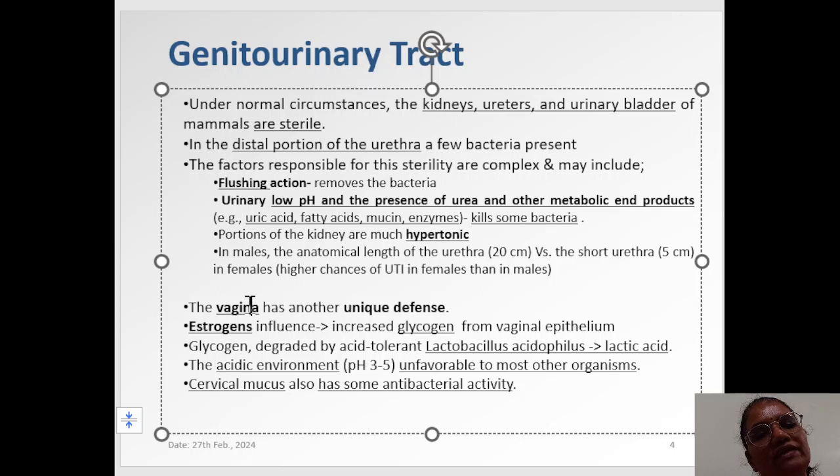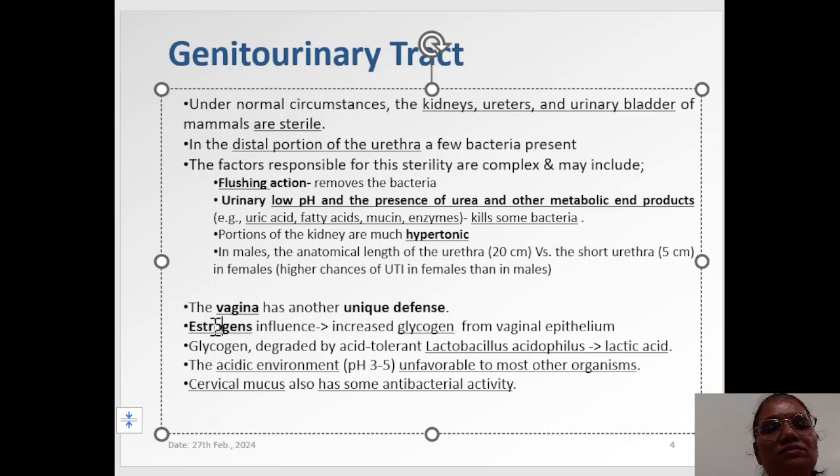Coming to the vagina, an area which remains moist, however it continuously has secretion of mucin rich in a variety of antimicrobial substances, and the microbial flora existing there also helps to provide protection in this area. Now, how is this mechanism made possible? It is by way of estrogen.